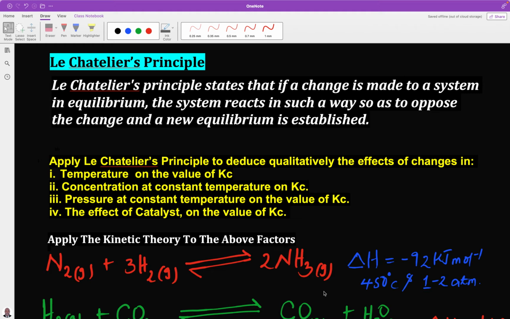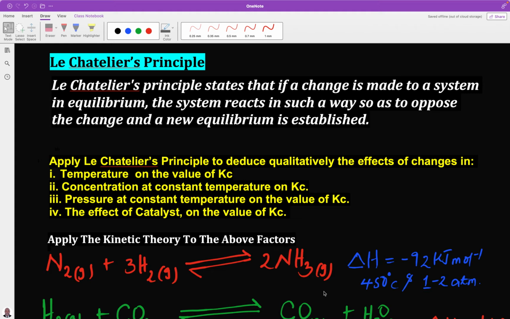To decrease it. If there's a decrease in a particular condition, the system must react to do what? To increase it.